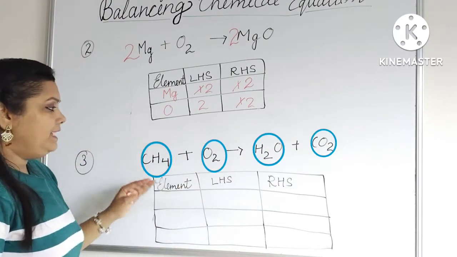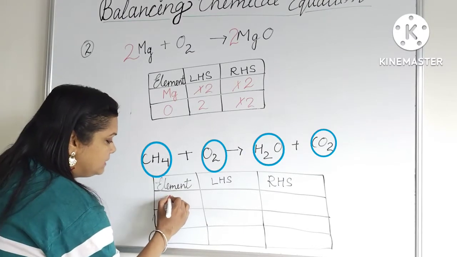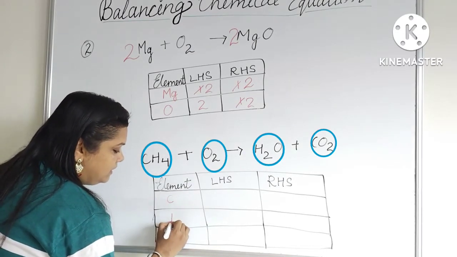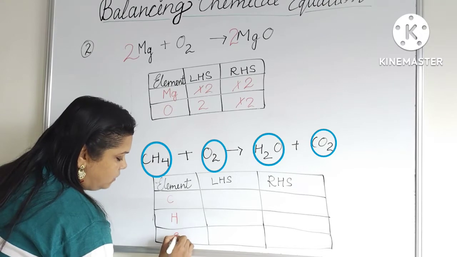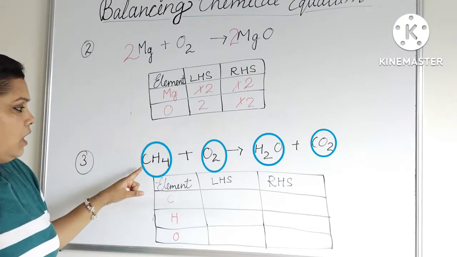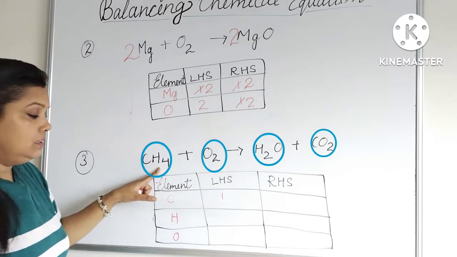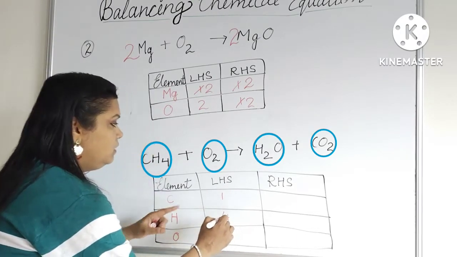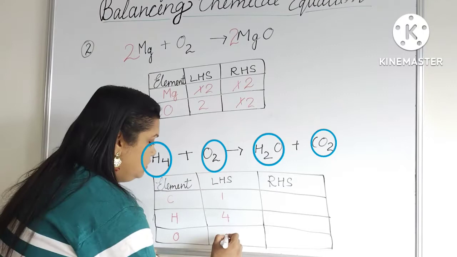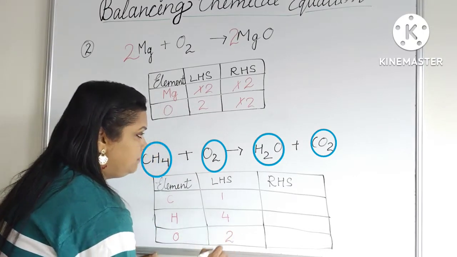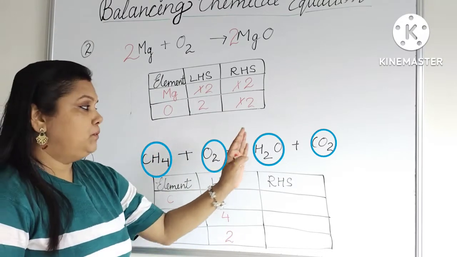Okay, so how many elements are there? 3 elements, carbon, hydrogen and oxygen. How many carbon? 1. Here hydrogen 4, oxygen 2 atoms of oxygen. Now we'll check for the product side.